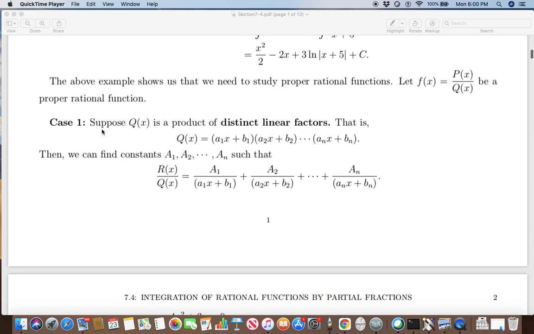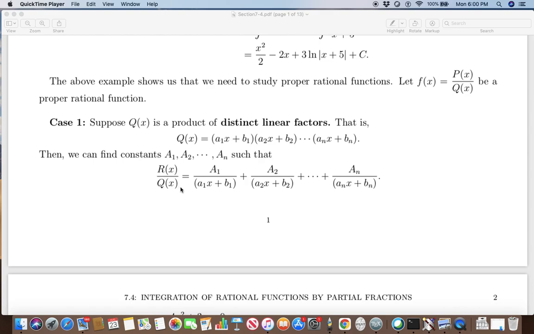Let's look at the first case. Suppose the denominator, that is q(x), is a product of distinct linear factors. Distinct. In other words, q(x) can be factored into linear factors which are all distinct. In this case, p(x) is of smaller degree, so you may as well call it the remainder.